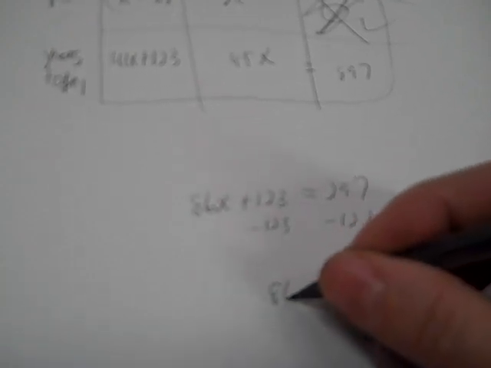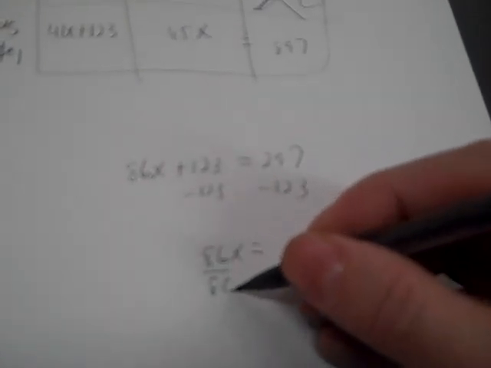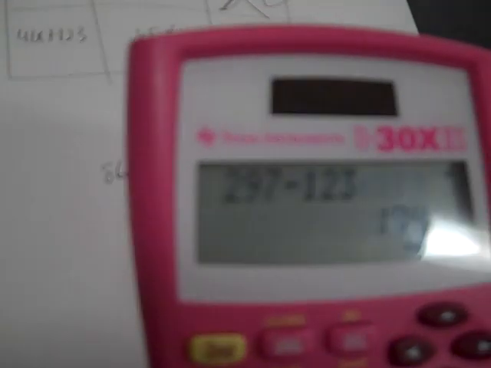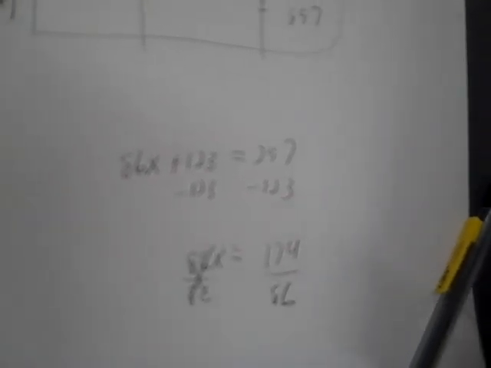Then I minus 123. That's 774. Divide that by 86. Wait a second, I did something wrong there.